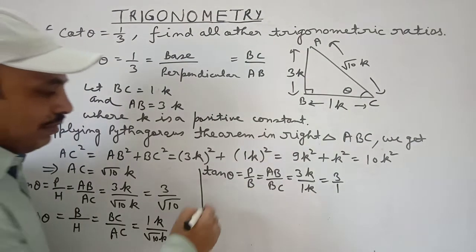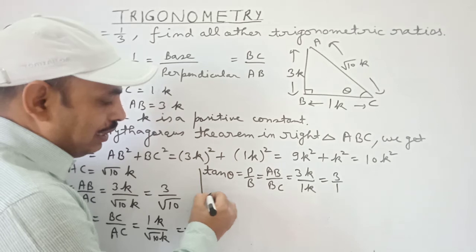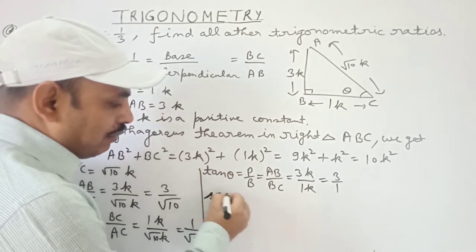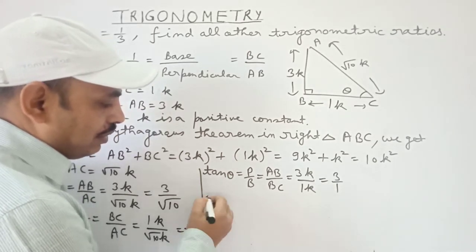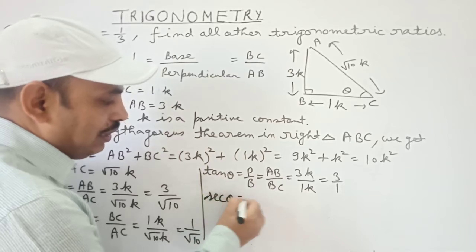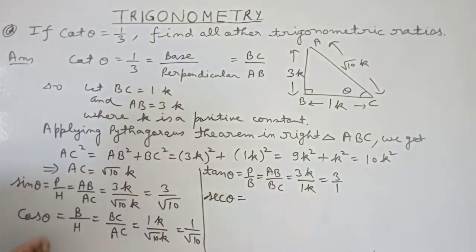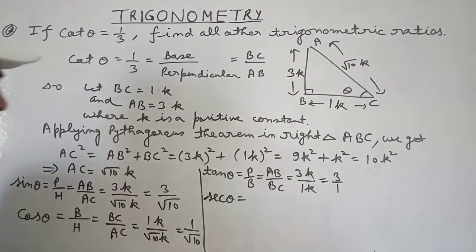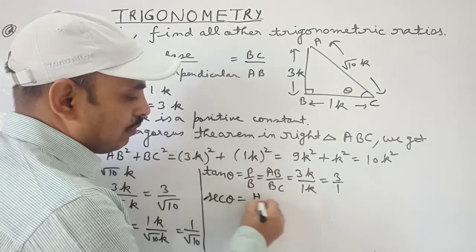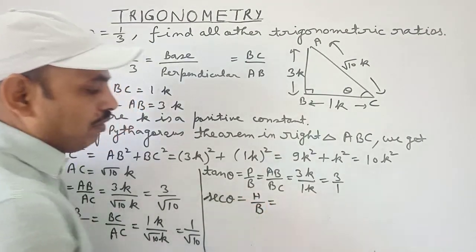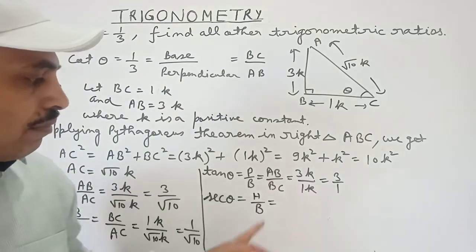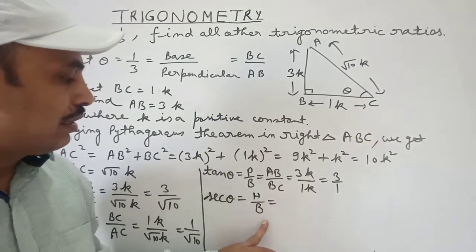Next sec theta. Sec theta is reverse of cos theta. Cos theta is b upon h, so it is h upon b. Sec theta equal to hypotenuse upon base.